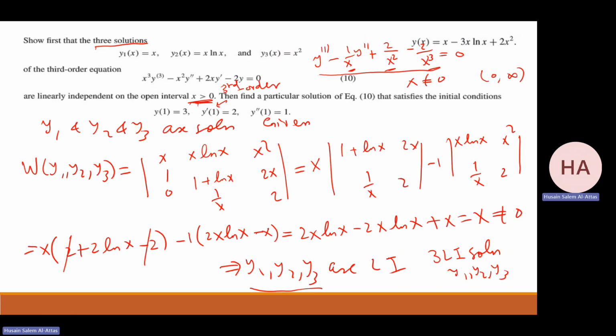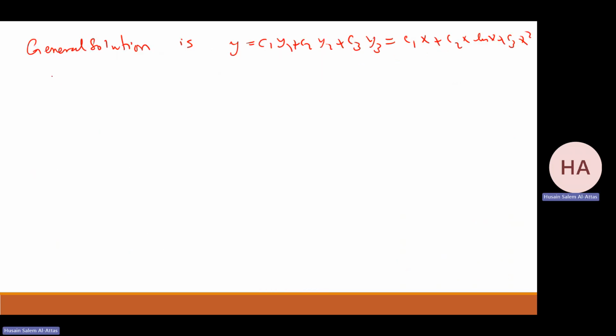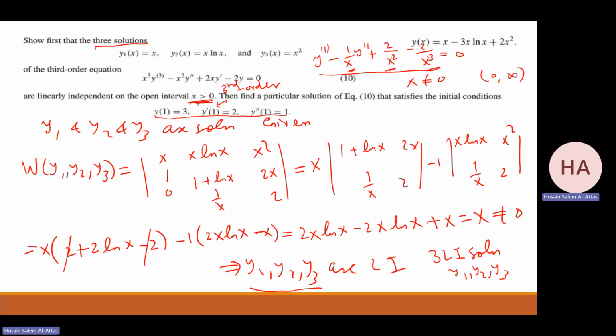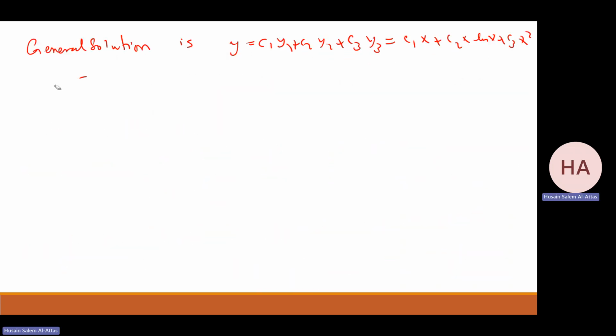All right. Yeah, x, x ln x and x squared. Now I need to find the c's satisfying these conditions, which are, now I have y at 1 equal 3.